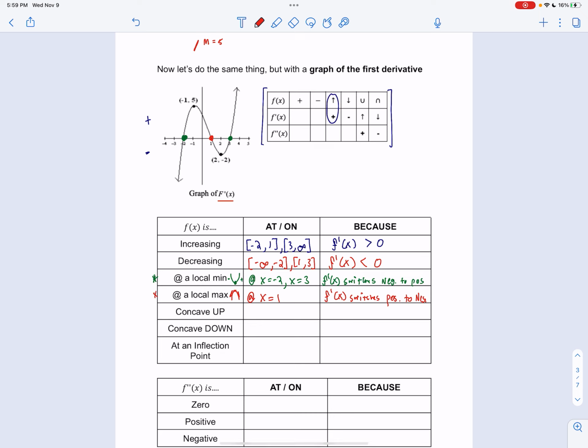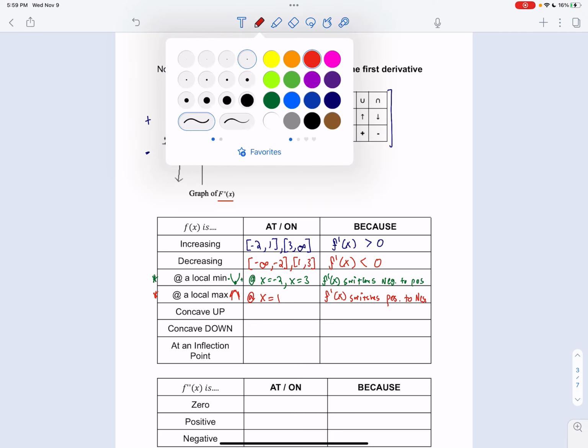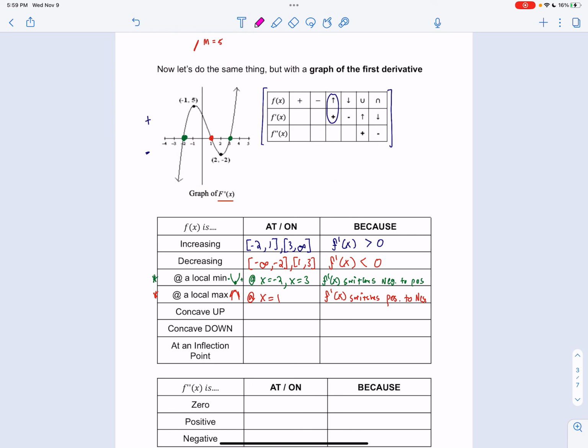So the tricky ones, the ones we're adding here, are concave up and concave down. And so this is where, especially when you're getting started, the chart can be helpful. Concave up, in the original function, we are looking for where the derivative is increasing. So we are looking for these values here, where the derivative is on its way up.